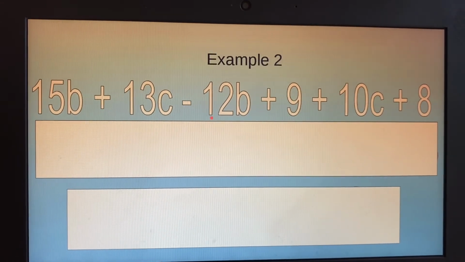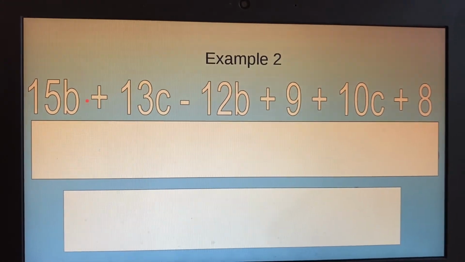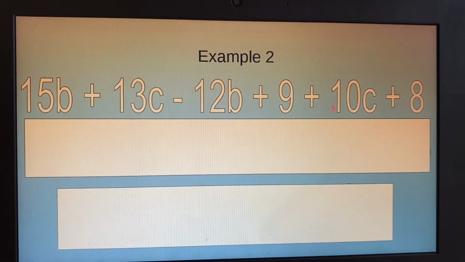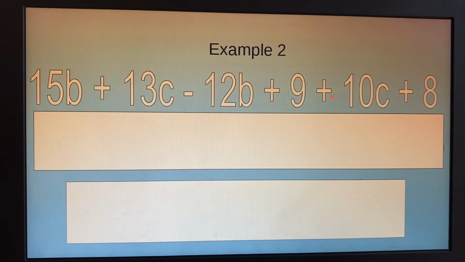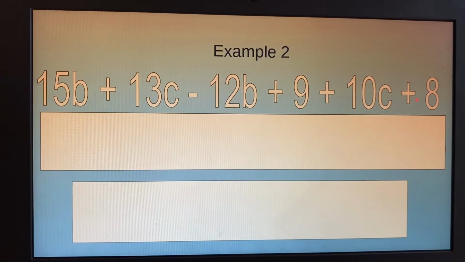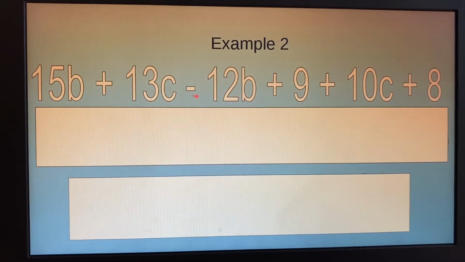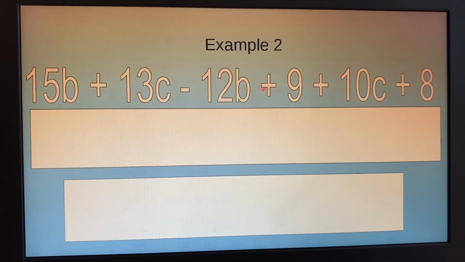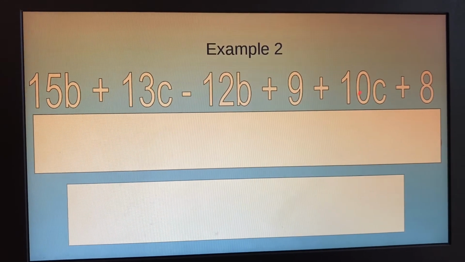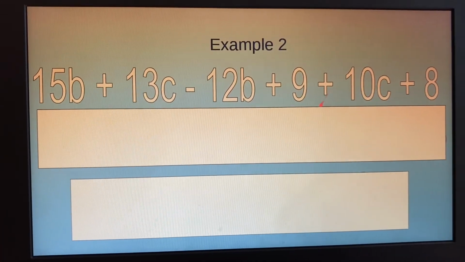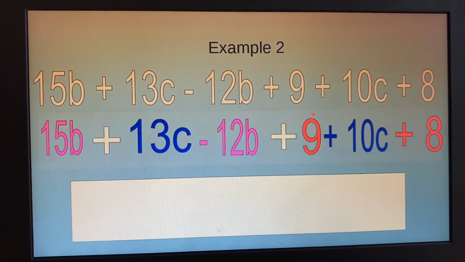The variables in this problem are b, 1 here and 1 here, and c, 1 here and 1 here. The constants are 9 and 8. They have a definite value. Our operations are an addition sign, a subtraction sign, 2 more addition signs, and an addition sign to finish off the problem as well.